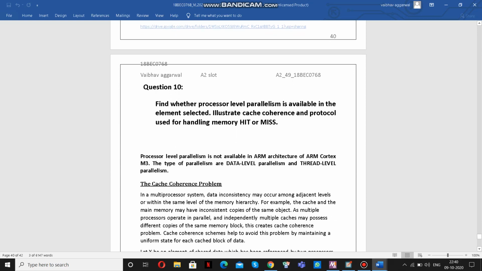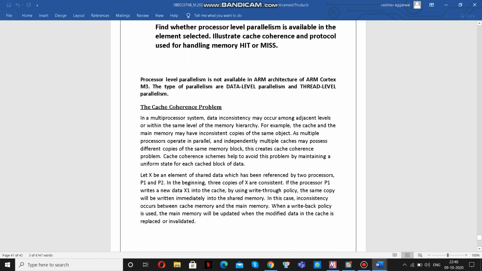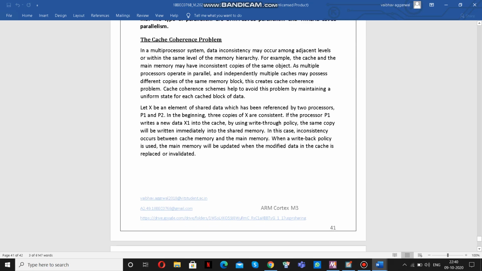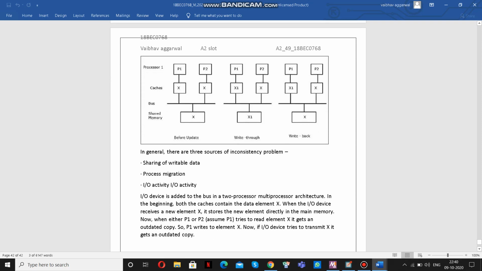Cache coherence problem. Processor level parallelism is not available in the ARM architecture of the ARM Cortex M3. The types of parallelism are data level parallelism and thread level parallelism. So here's the diagram of the same.